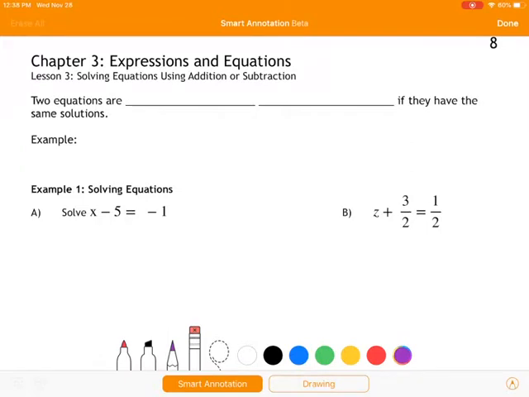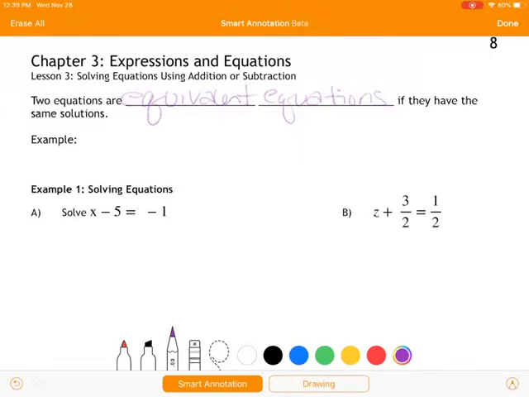Equivalent equations is if two equations have the same solution. So two equations are called equivalent equations if they have the same solutions.